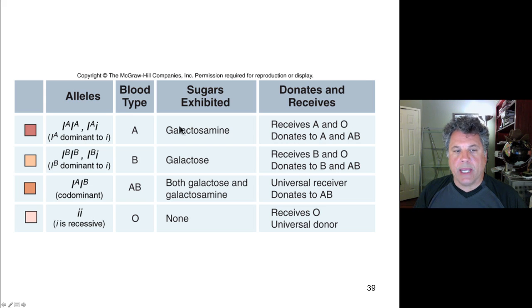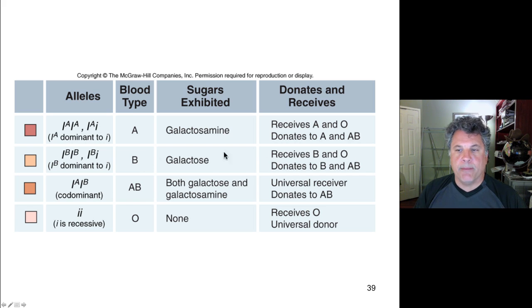And if you are A, you can donate to blood types A and AB because neither of these blood types have antibodies against protein A, which you have in abundance if you are type A. And the reciprocal occurs for B as well.